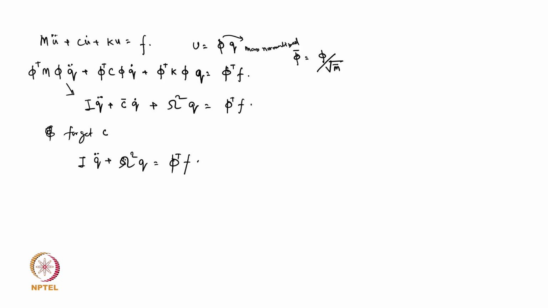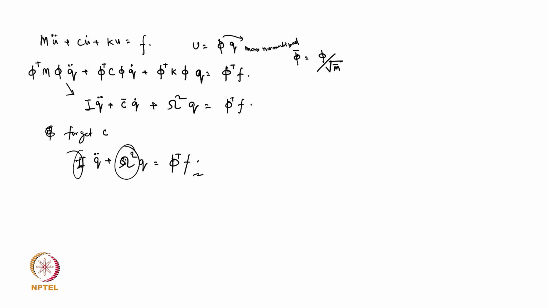Yes, I get it. Now, did I reach my goal, making the system diagonal? I think I reached it, because this is the diagonal matrix, I is the diagonal matrix, and this is a vector.